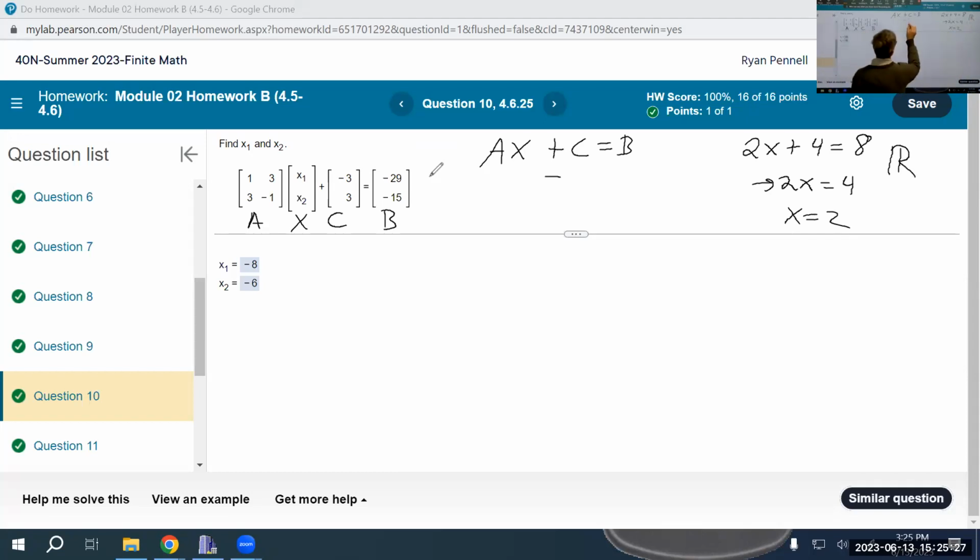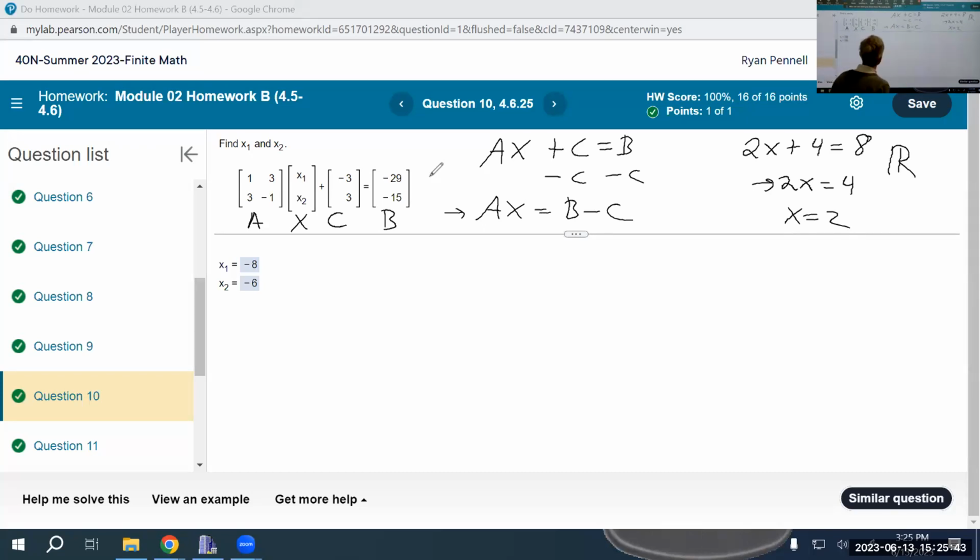So I'll subtract C from both sides. AX equals B minus C. Now I want to divide both sides by A, but we know that doesn't exist with matrices.